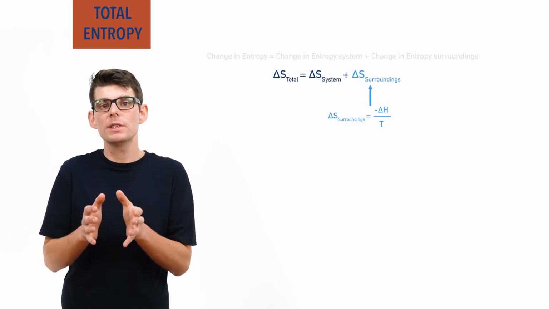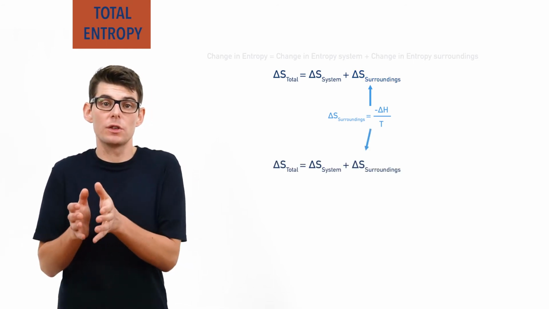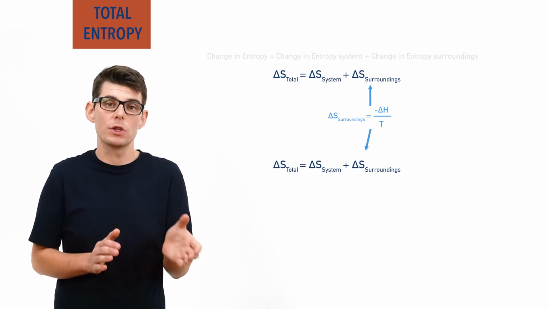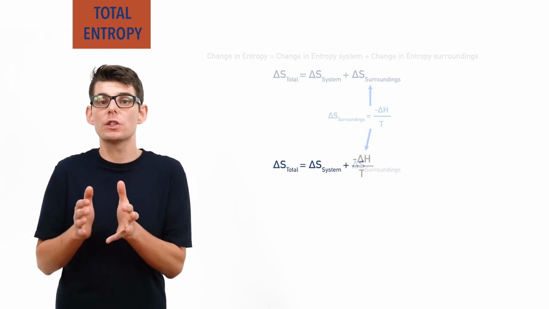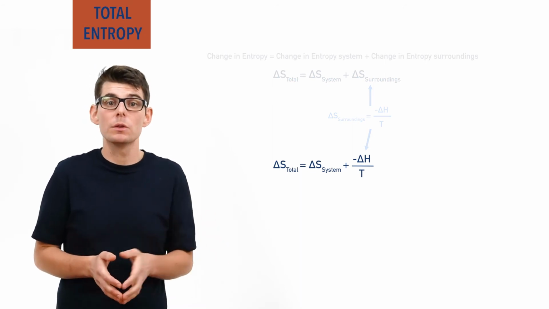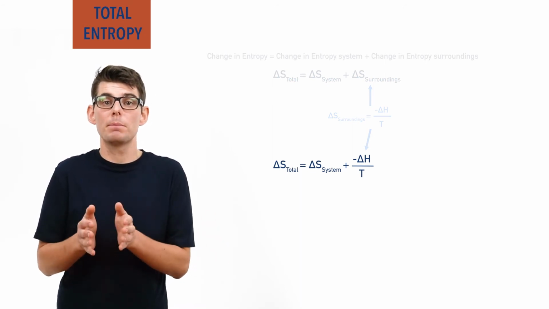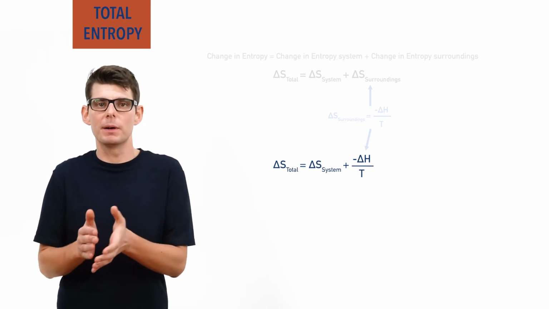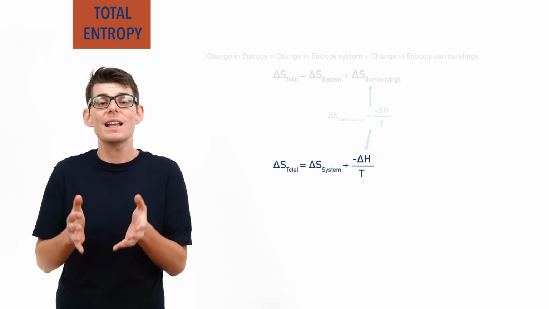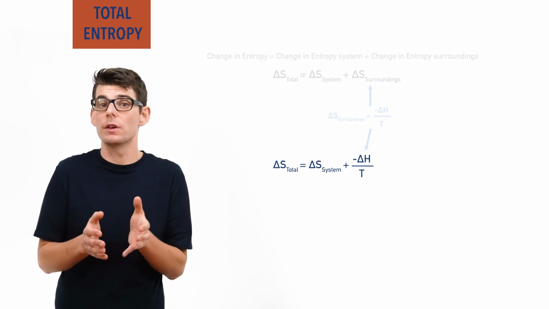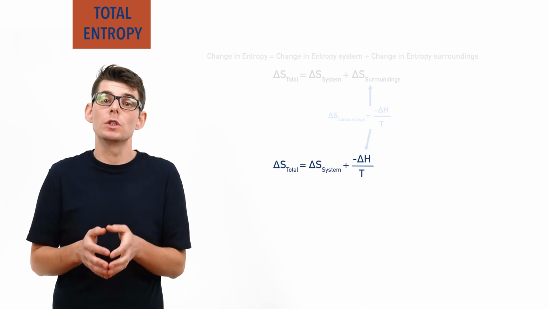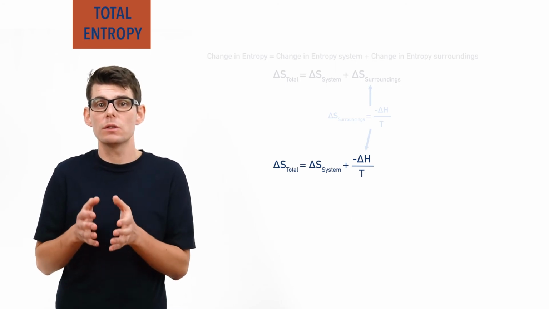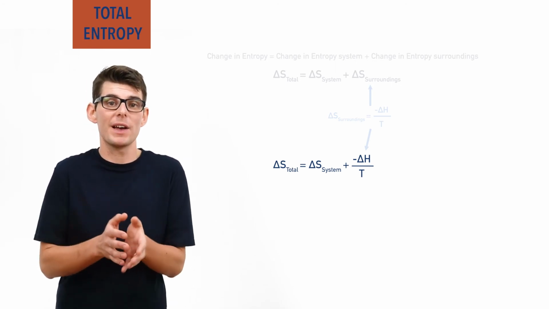By substituting in this solution for change in entropy of the surroundings into the total entropy change equation previously shown, we can see that the change in total entropy, delta S total, equals delta S system plus or minus change in enthalpy, delta H, divided by temperature. It's now easy to check if a reaction is going to be feasible by making sure that when we use actual values in this equation, the answer for change in total entropy is a positive value.